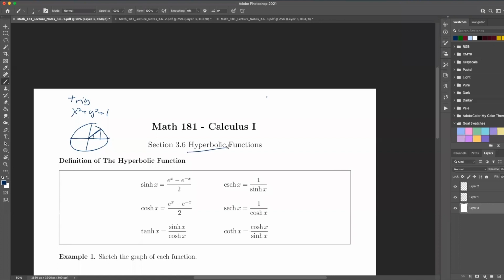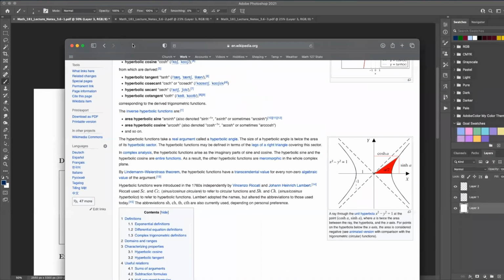The hyperbolic functions are defined from x squared minus y squared equal to 1, which looks like this, right? And here we define the hyperbolic cosine as this distance and the hyperbolic sine as this distance.